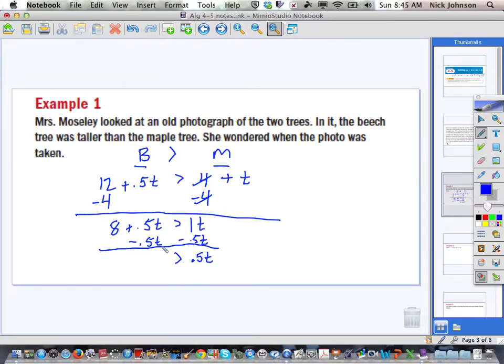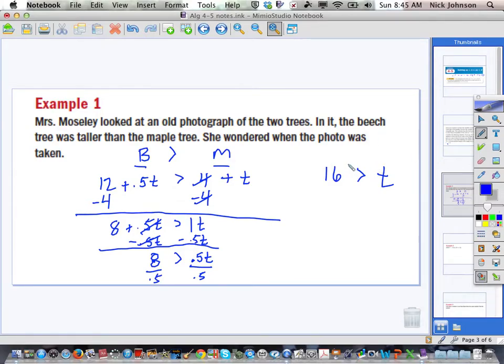Notice how I'm keeping my inequality sign coming. And I'm left with, on the left-hand side, 8. I divide by 0.5. I divide by 0.5. How many times will 0.5 go into 8? Well, you should tell me 16. So what that's telling me is that after 16 years, my maple tree starts to get bigger than my beech tree.